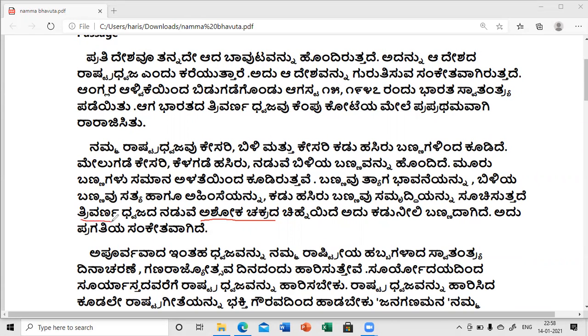So here you say Trivarna Dvajada Naduve Ashoka Chakrada Chinhe Ide. So the word Naduve is what we need to look at. Because as I said, Ellide. So Ellide is where. So where is indicating a place. And Naduve means between, in the middle. So it indicates a place.